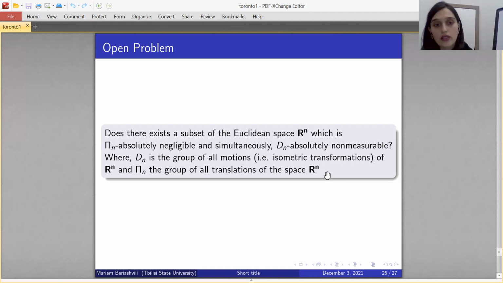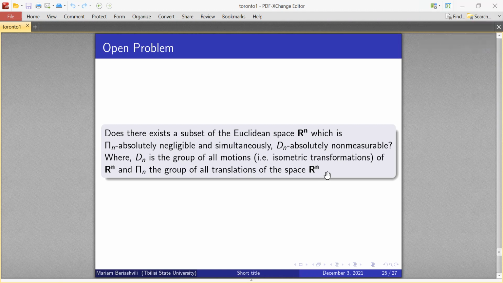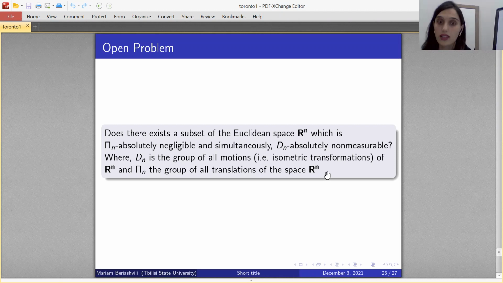The definition of Pn absolutely negligible means you're looking at measures that can be extended so that they're Pn invariant, and in the case Dn, it will be a Dn invariant measure.